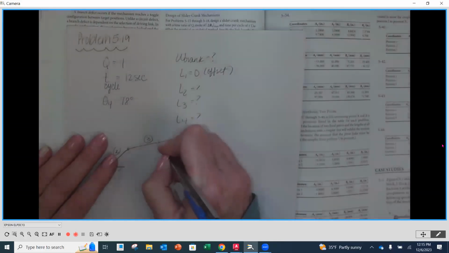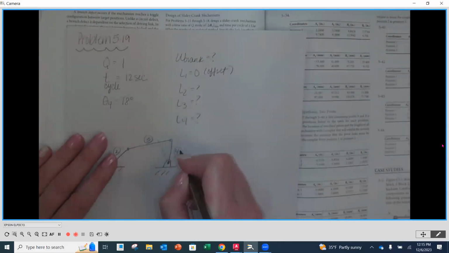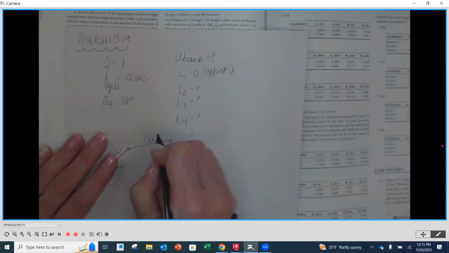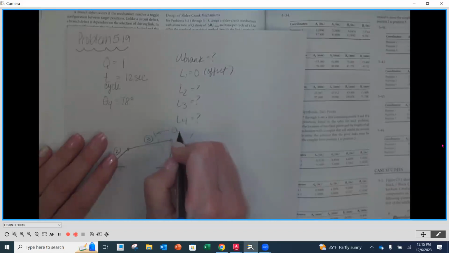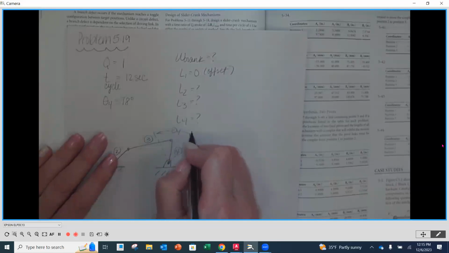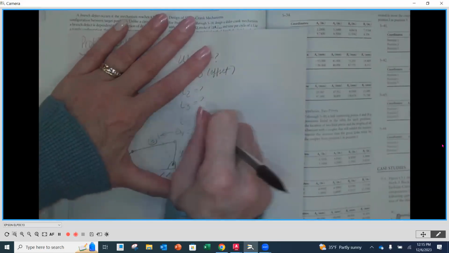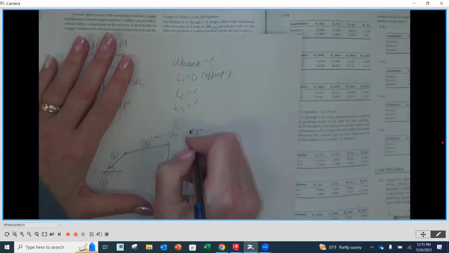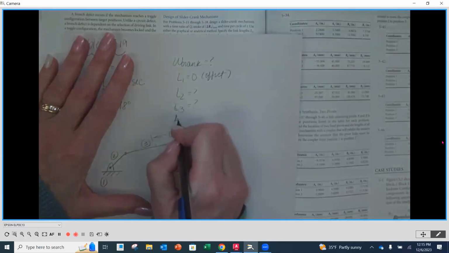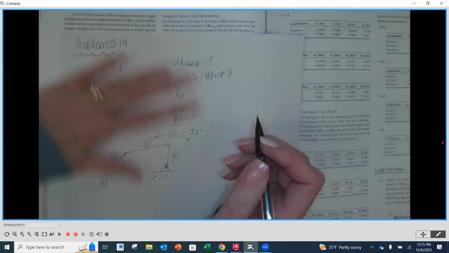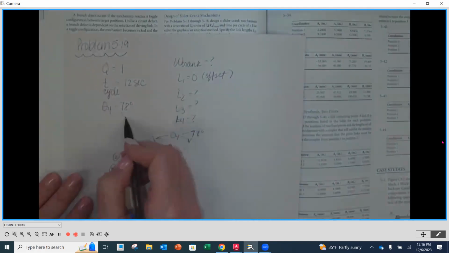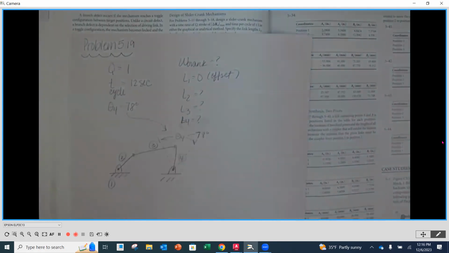And the angle for which it is going to rock back and forth is that theta 4, which is equal to 78 degrees, which is what the problem gave us.